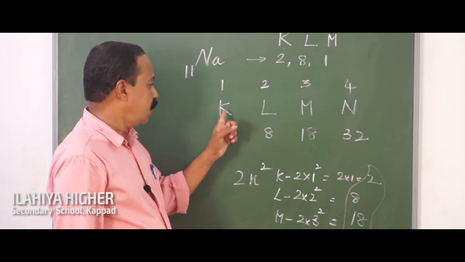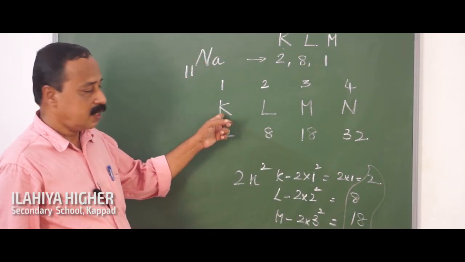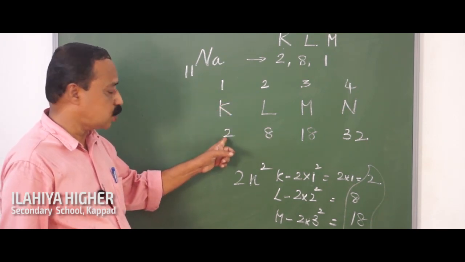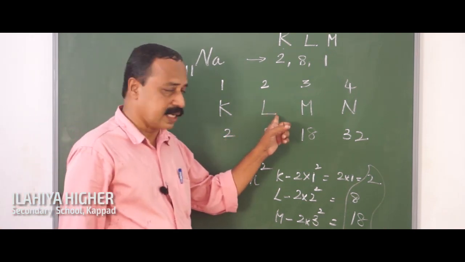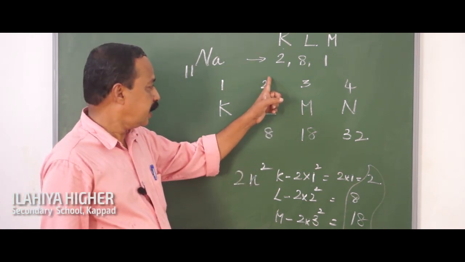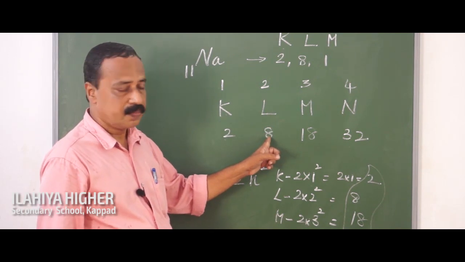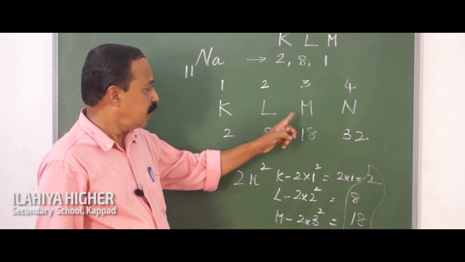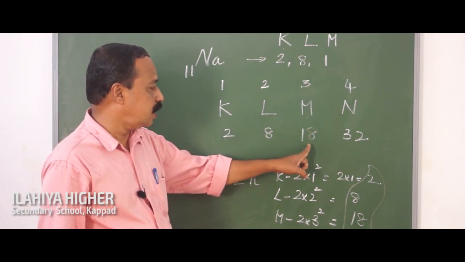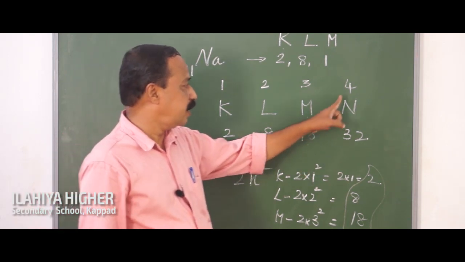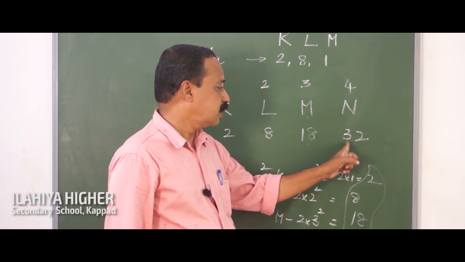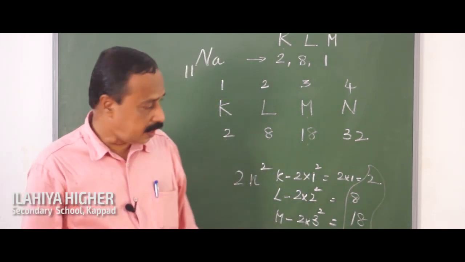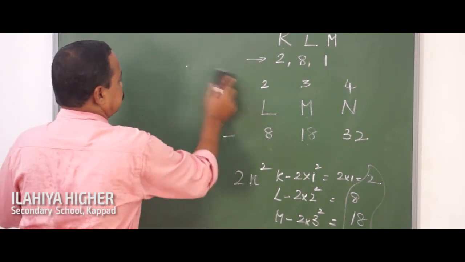Remember the point: the first shell K can accommodate 2 electrons, the second shell L can accommodate 8 electrons, the M shell a maximum of 18 electrons, and the fourth shell N, 32 electrons.